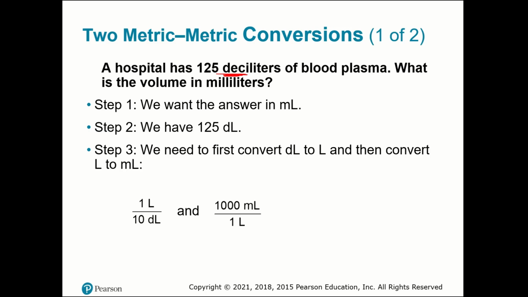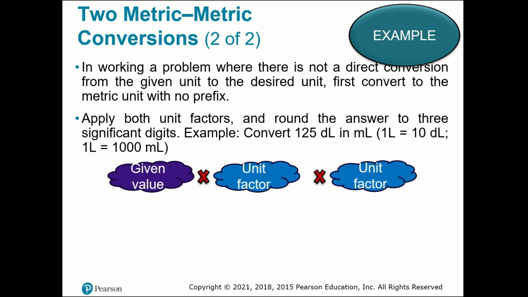So we need to first convert deciliters to liters, because this is the conversion factor that I have. So we're going to do the given value, 125 deciliters, then convert deciliters to liters. See that liter is up here, this is our priority.